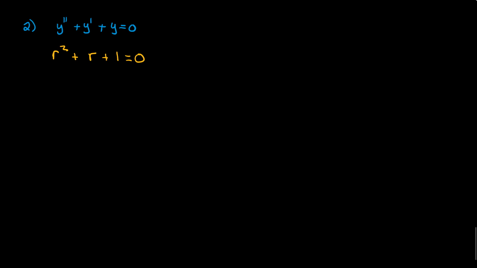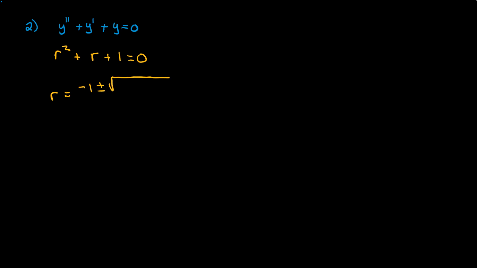To solve this, I'm going to set up my r equals, normally it's x, but here our roots are r. It's going to be negative b, so negative 1, plus or minus the square root of b squared. Remember, b is the coefficient there. That's 1 squared minus 4 times a times c, so that's minus 4, all over 2 times the a value, which is that 1.